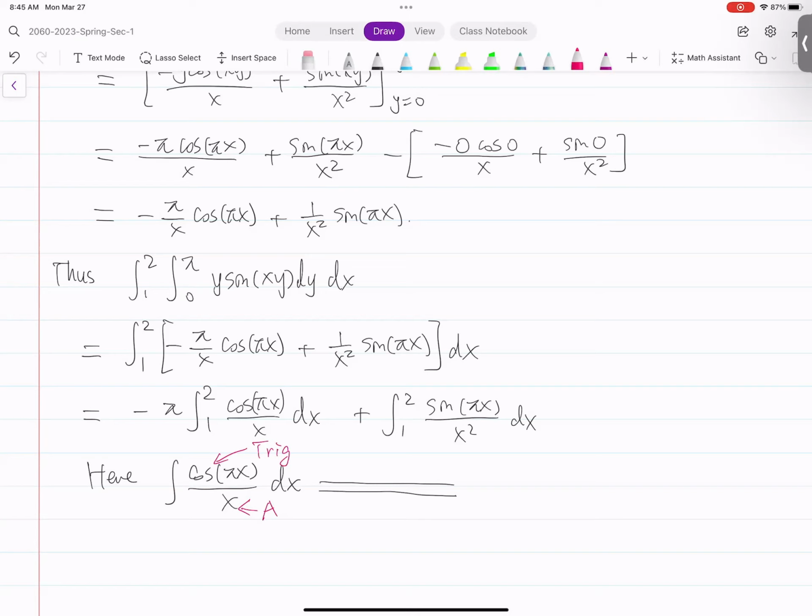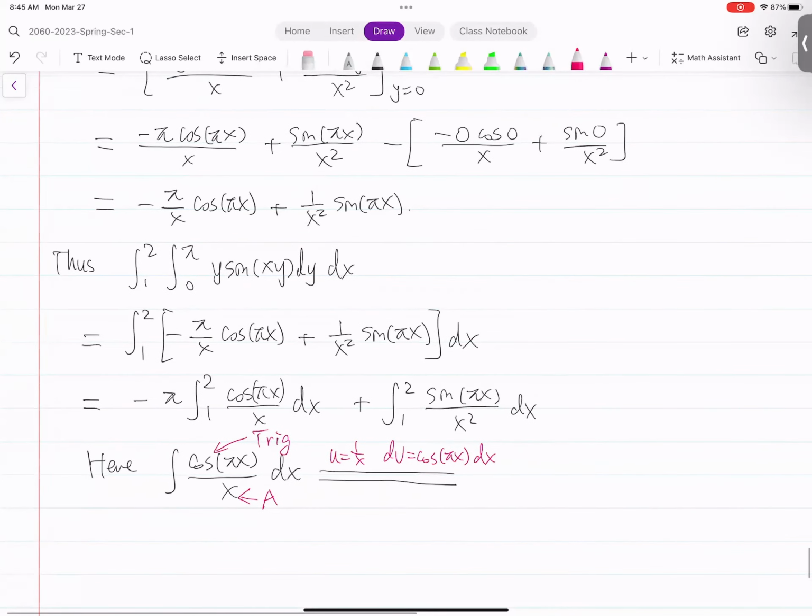That's very important. u is 1 over x, and dv is everything left behind. When you're doing integration by parts, it's always a product. So du is the derivative of 1 over x, which is negative 1 over x squared dx. And v is sine of pi x over pi, because if you differentiate it, it gives cosine pi x times the derivative of the inside, which is pi.